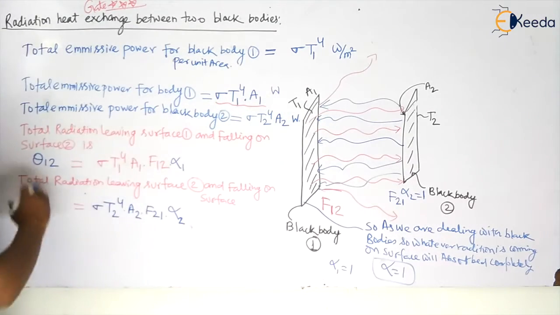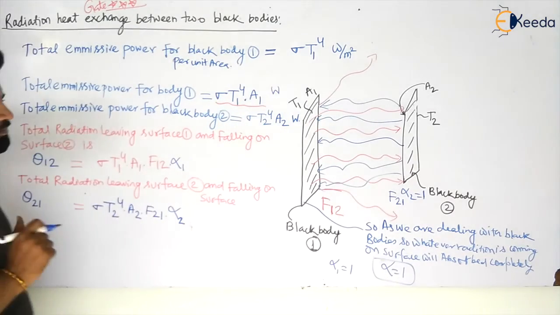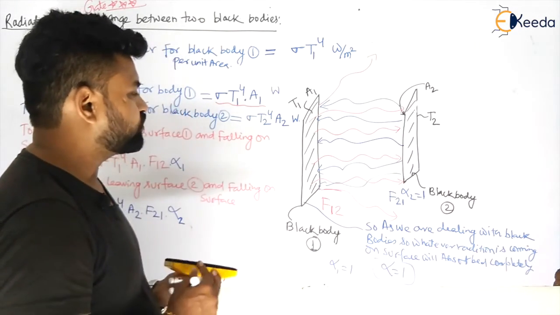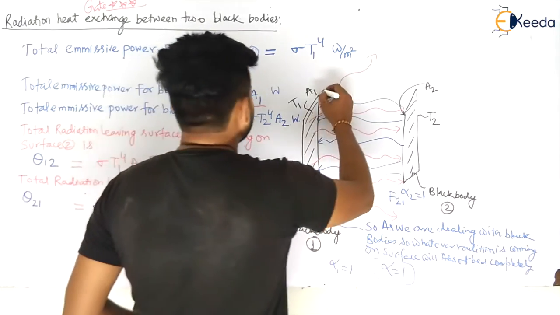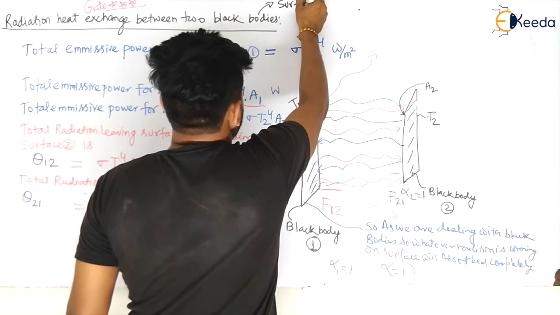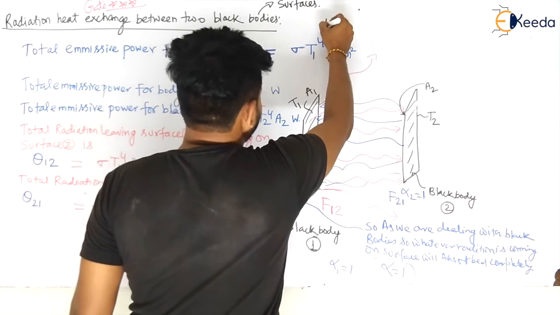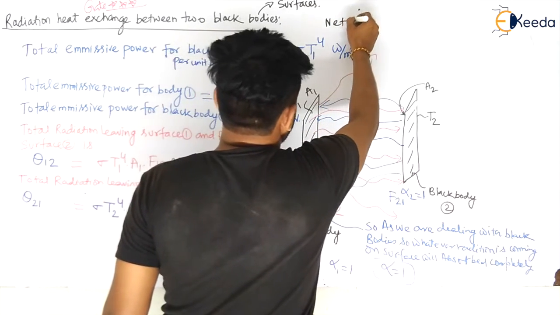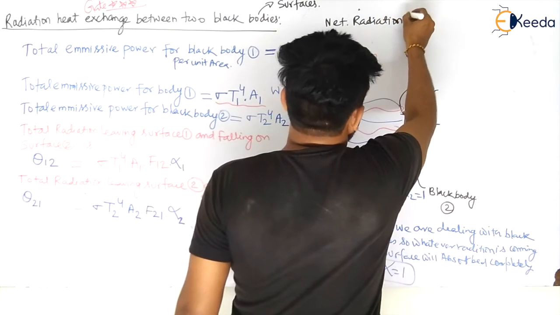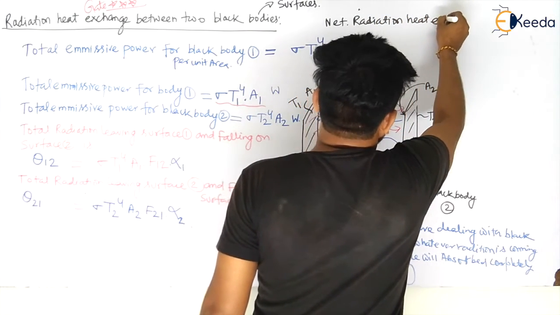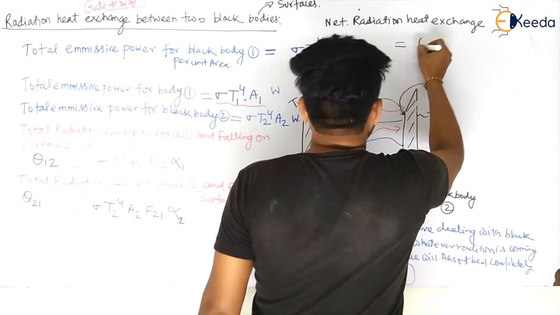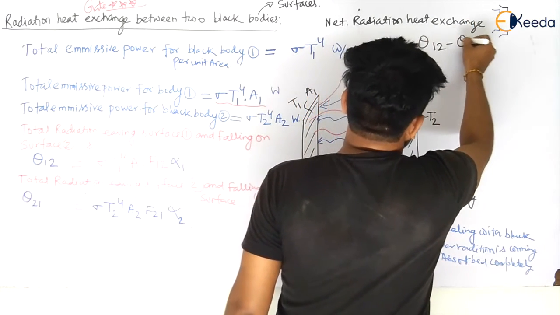Now can I calculate the net radiation heat exchange between two black bodies? Yes. Now the net radiation heat exchange between these two surfaces will be Q12 minus Q21.